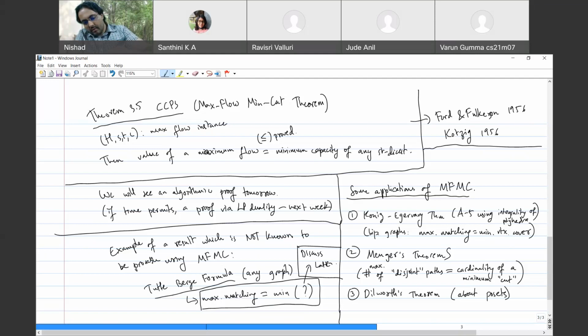That is one of the reasons why all of matching theory is not subsumed by flows and cuts. For bipartite graphs, most of the things you can do using flows and cuts. But for non-bipartite graphs, you actually need new ideas because they are not captured by MaxFlowMinCut results, which is why Jack Edmonds and Bill Tutte and others had to come in to rescue humanity, at least the combinatorialists.